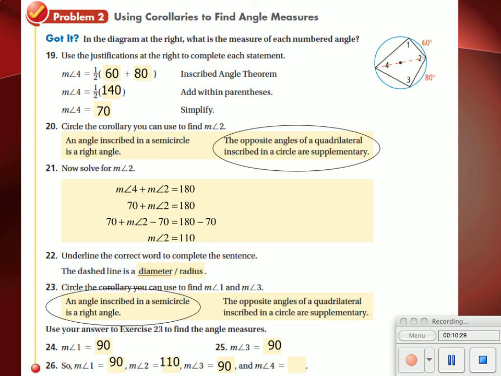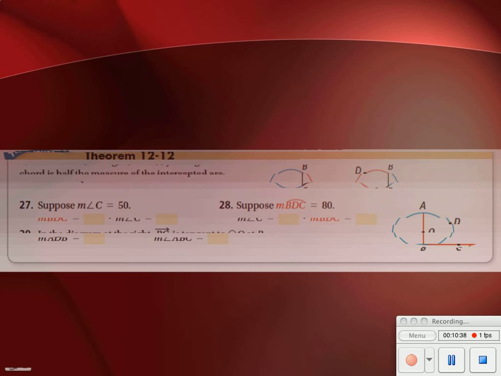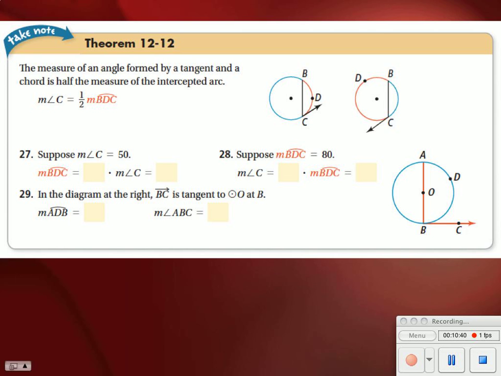All right. Theorem 12-12. The measure of an angle formed by a tangent and a chord is half the measure of the intercepted arc. So I have angle BC, or angle C here. It intersects BDC, and so its measure is 1/2 of what BDC is. Now look at this. This intersects the arc going this way, the minor arc, where this one intersects the major arc.